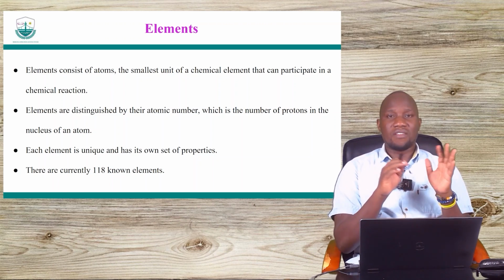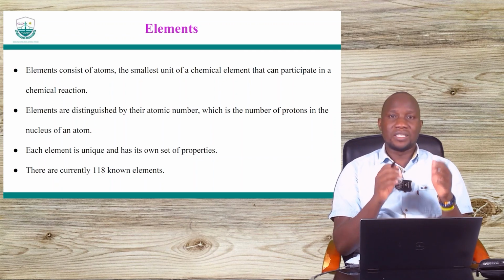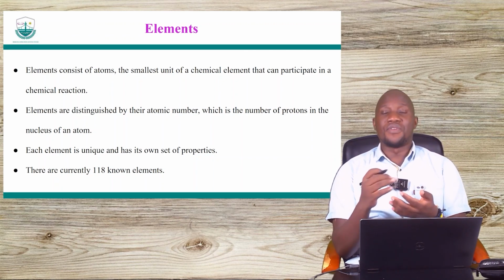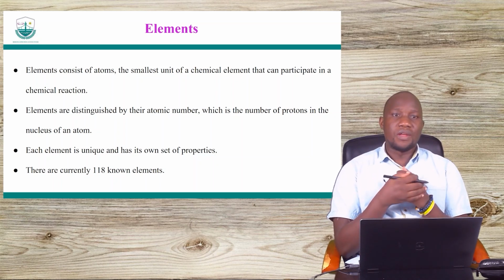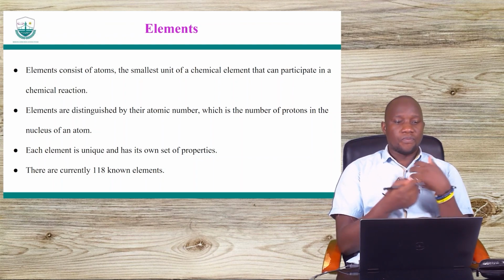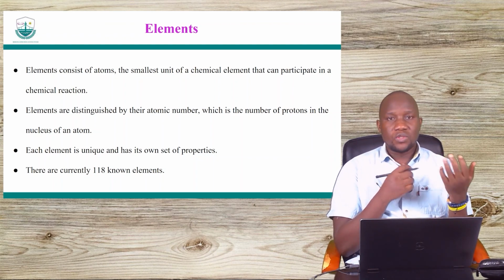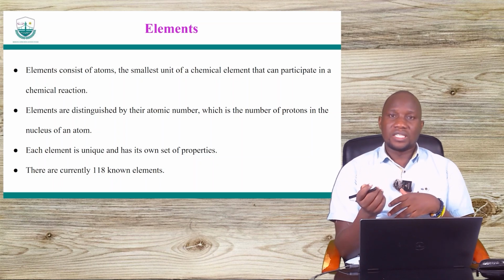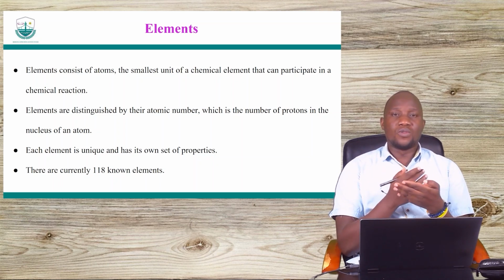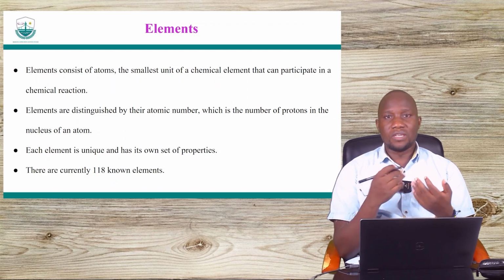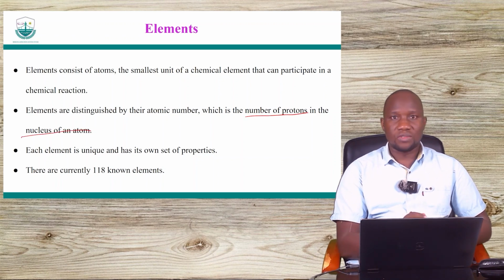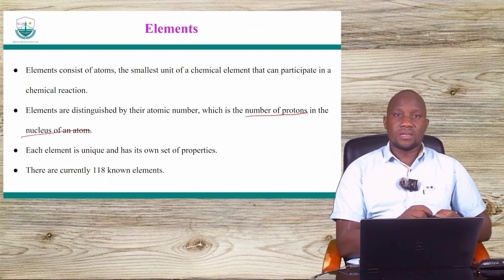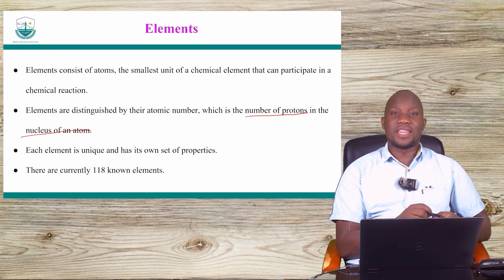Okay, we are saying that we have a lot of elements, and each of these elements consists of very many atoms, and the atoms are the ones that actually participate in chemical reactions. Because we have very many elements, 118 elements, how do we differentiate between them? We differentiate between them using the number of protons. The number of protons in the nucleus of an atom is what differentiates each element from the other.